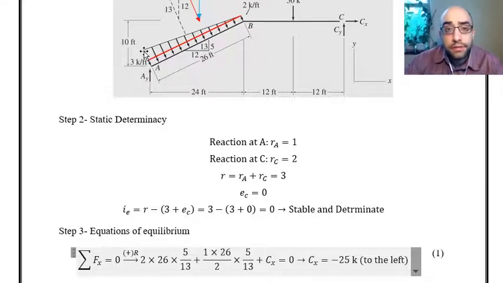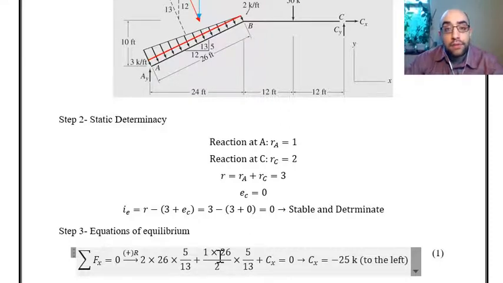The amount of force because of this triangular distributed load is the area under the triangle, which will be this side, and that side is equal to 3 minus 2, so 1 multiplied by the length, which is 26, divided by 2. That is the area of the triangle, calculated over here.